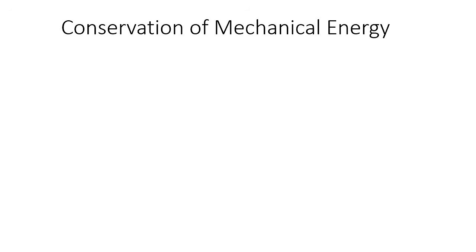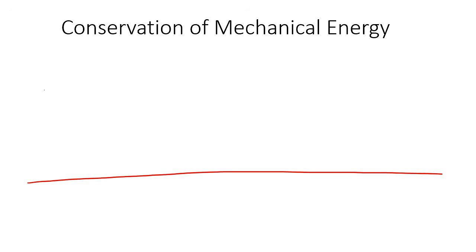Okay, so what I want us to do is think about, let's say we've got the ground. So I'm going to draw a ground. That's the ground. And then we've got a roller coaster. Let's say we've got some type of roller coaster like this. And on the track we have the actual vehicle that the people go in.